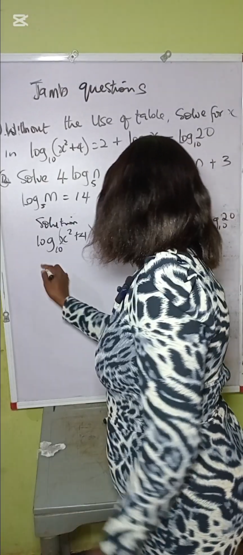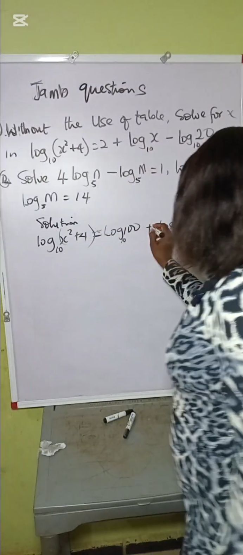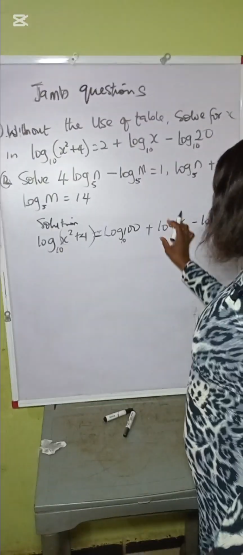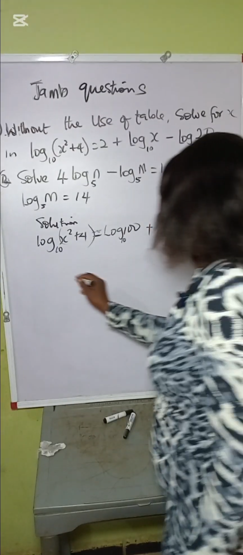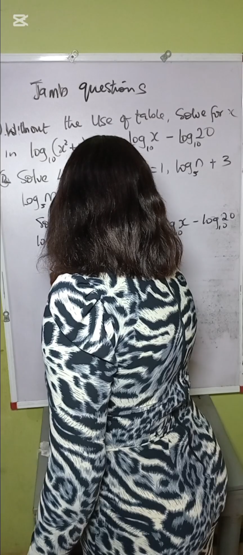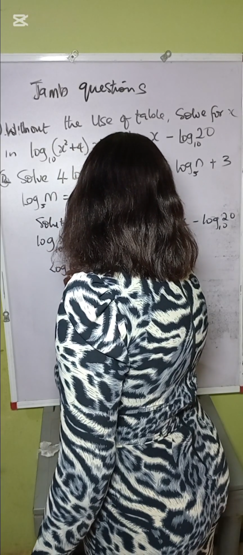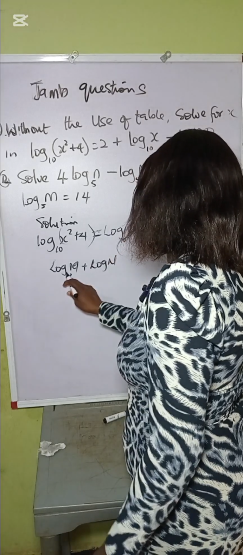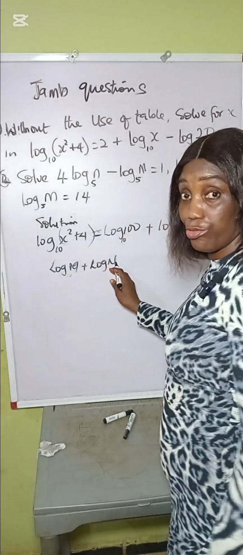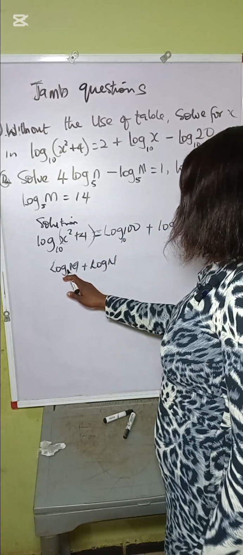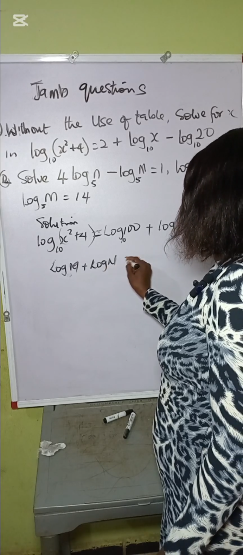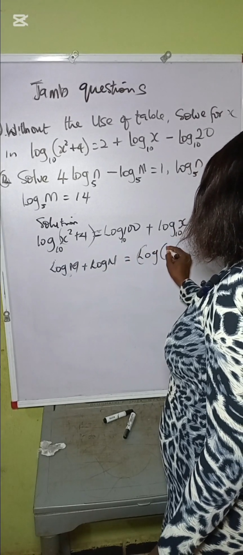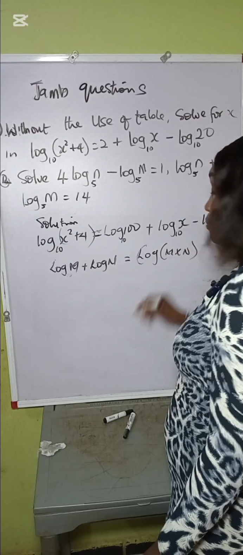So therefore, in this log 100 base 10 plus log x base 10, we are going to apply the law. The law says that log m in base 10 plus log n in any base, not basically base 10, log m plus log n is equal to what? Log of (m times n), okay?